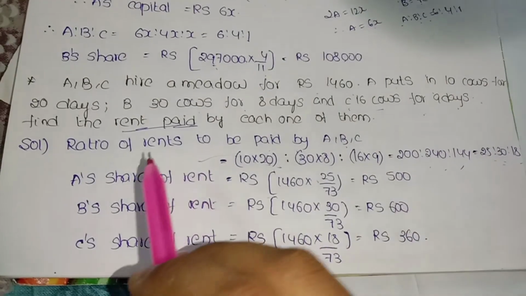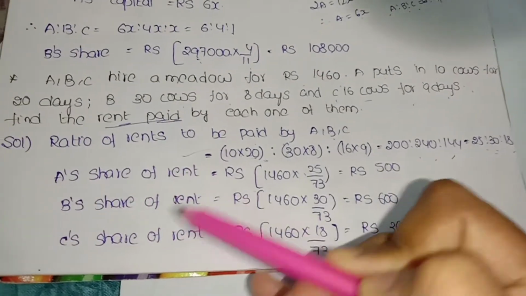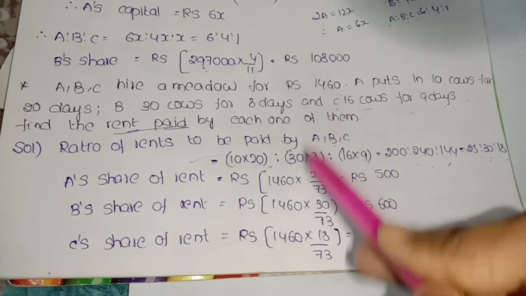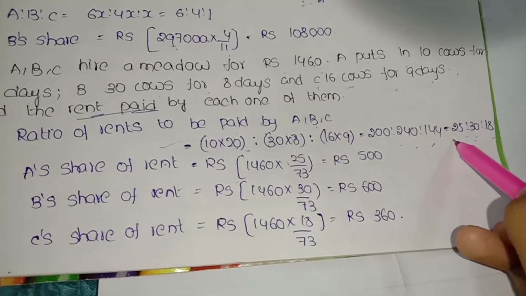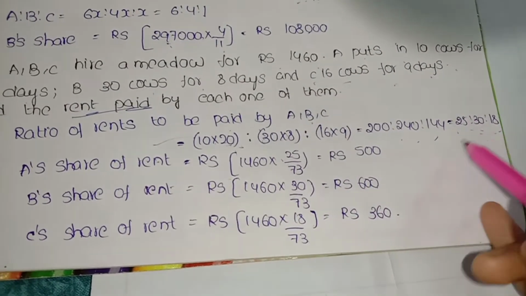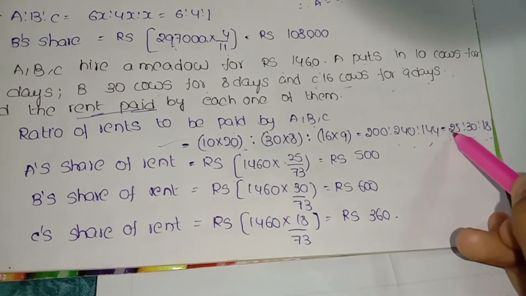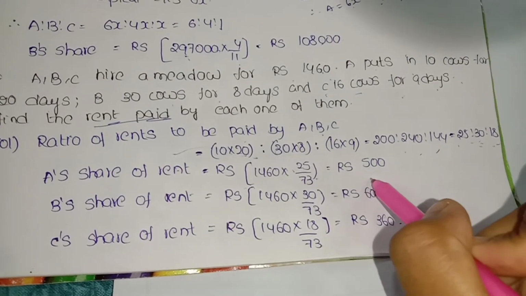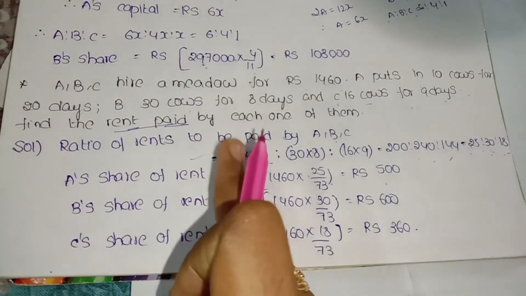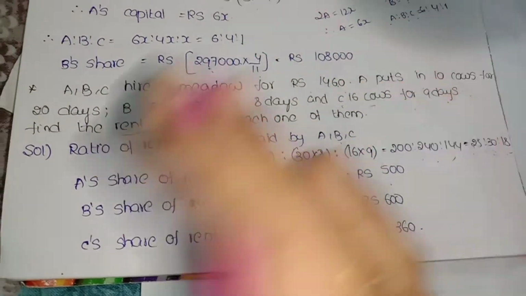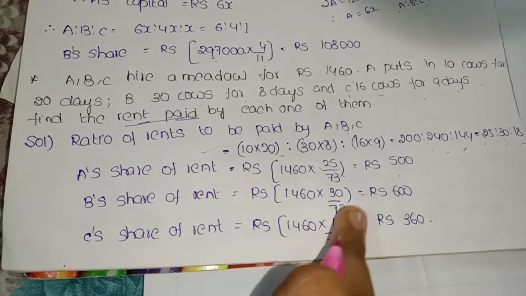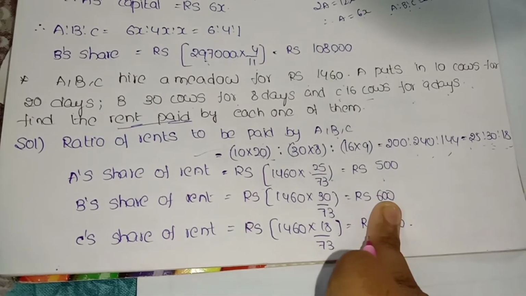First, find A's share of rent. Write the total amount into A's investment by the total investment. What is the total? 25 plus 30 plus 18, 73. Simplifying, Rs 500. So A paid rent is 500. Similarly, B's share of rent, 1460 into 30 by 73 equals Rs 600.